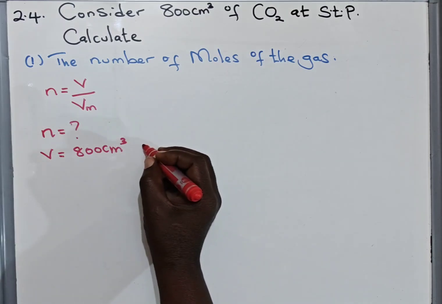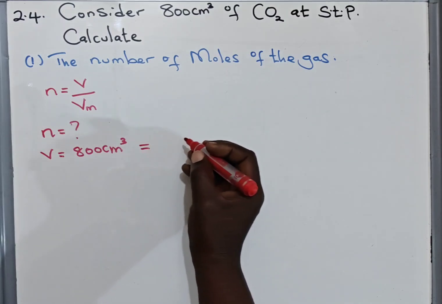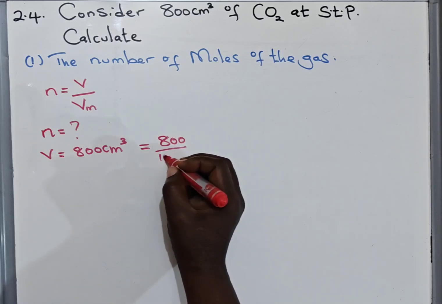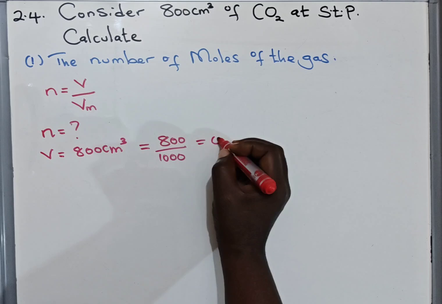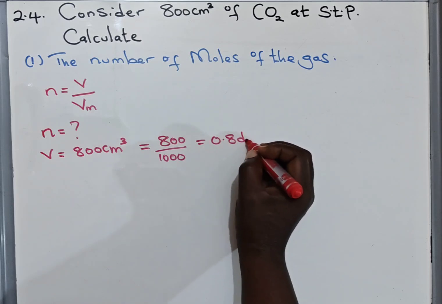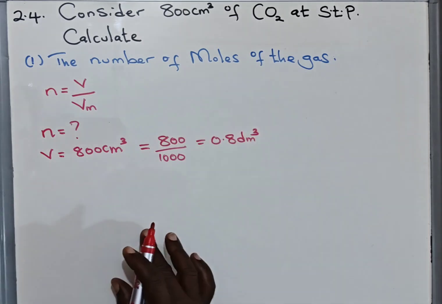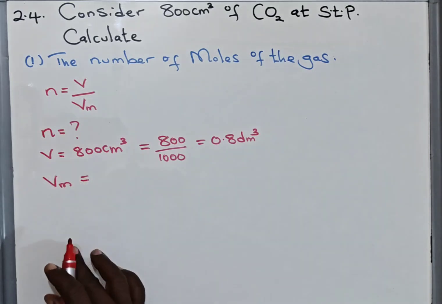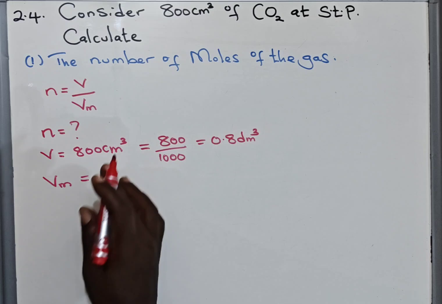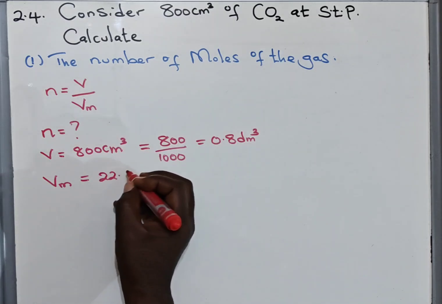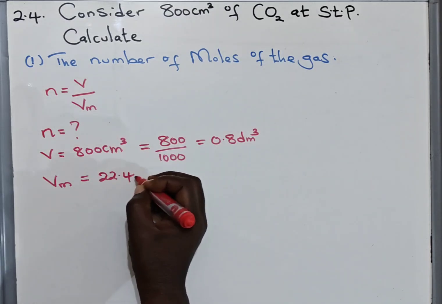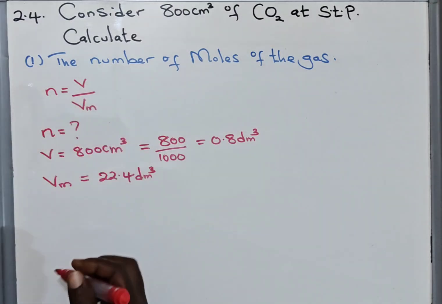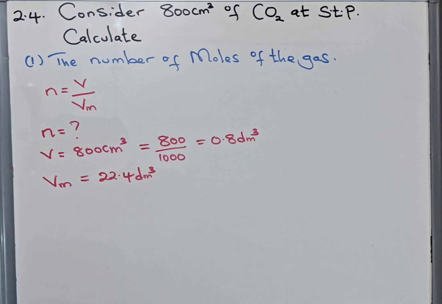This is not an SI unit, so we convert to cubic decimeter by dividing by 1000, giving you 0.8 cubic decimeter. What else do we know? We have the molar volume, and the molar volume at STP is 22.4 cubic decimeter. So from there, we substitute.